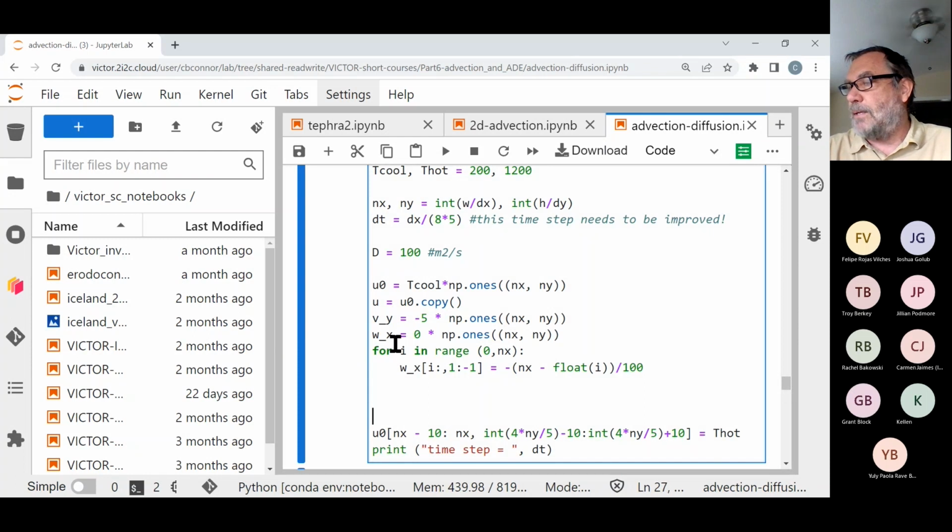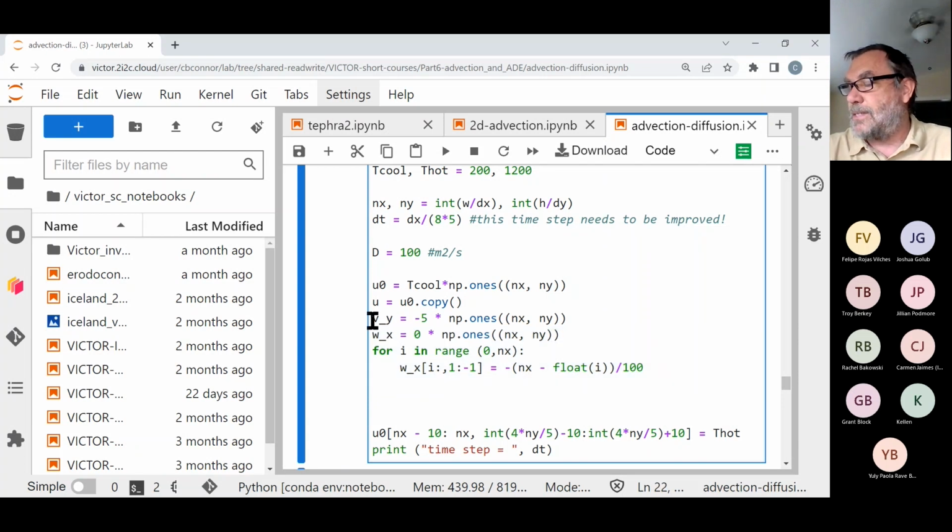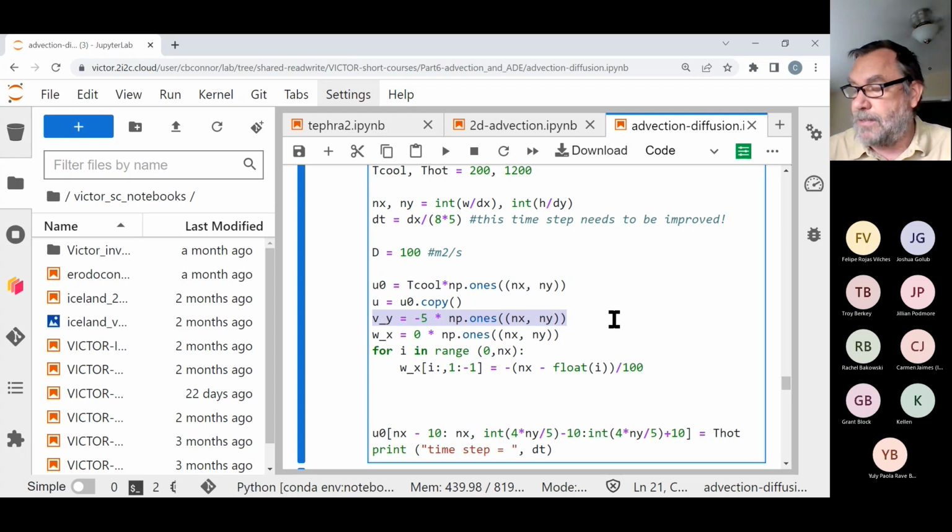And so here I implement that change in code. Two things have happened. One is, notice I now make the velocity in the y direction and the velocity in the x direction arrays. So I'm going to allow my velocity to change as a function of horizontal and vertical distance, or whatever my model domain represents.